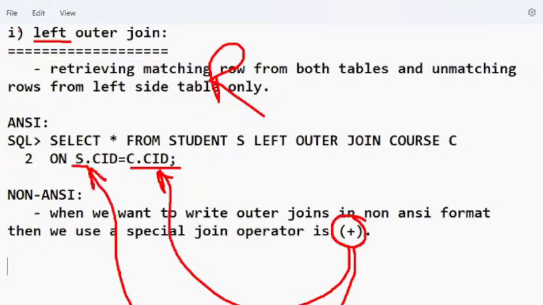It's quite opposite of your left and right. If you want to implement left outer join, then use it on the right side table. If you want to implement right outer join, then you predict on the left side. Okay? So how can I predict here, observe carefully.